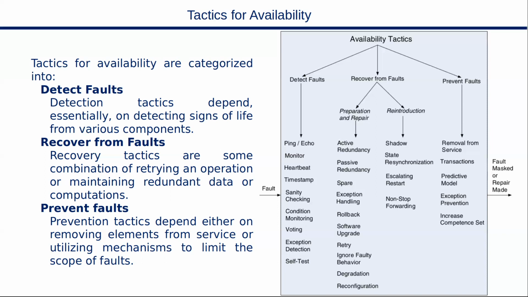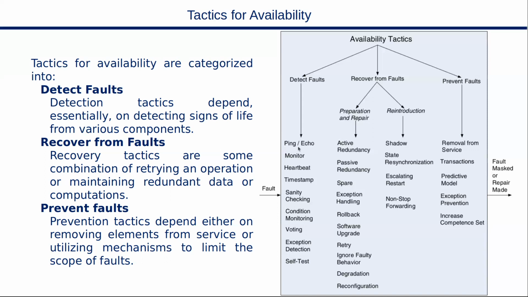Ping echo requires a time threshold to be set, and this time will tell the pinging component how long to wait for the echo before considering the pinged component to have failed. I'm talking about timeout. So you can specify the timeout for these tactics.